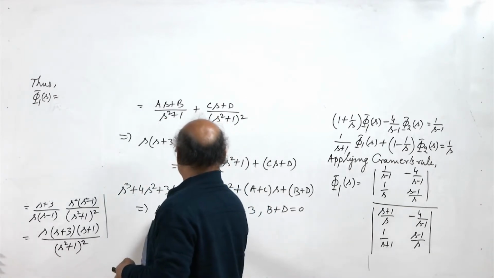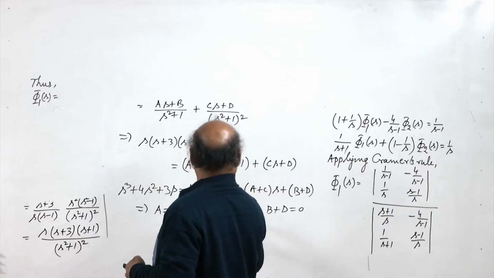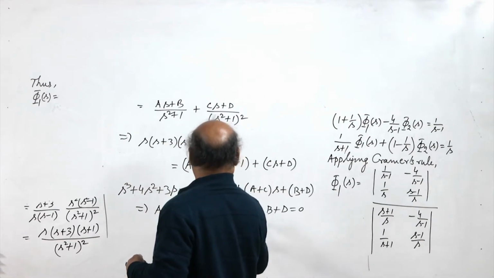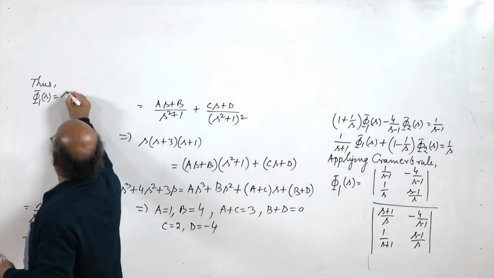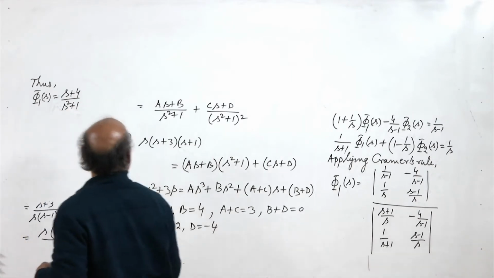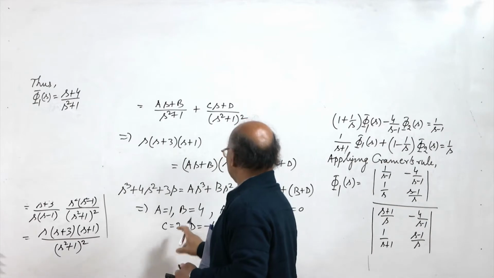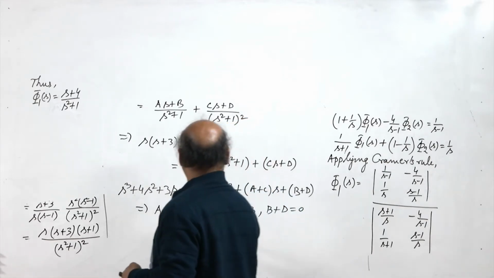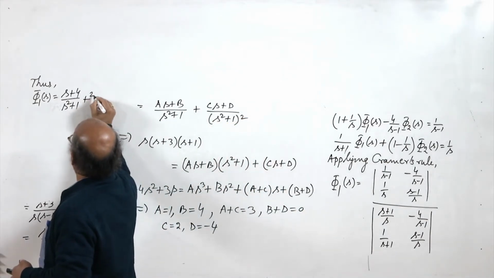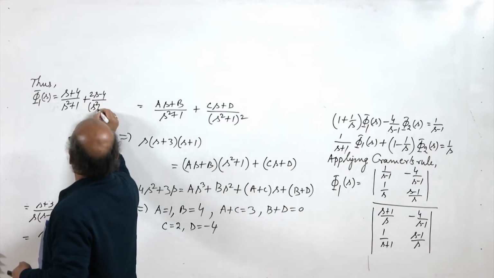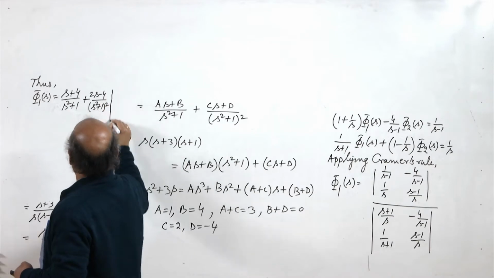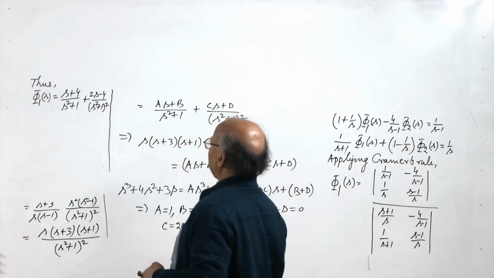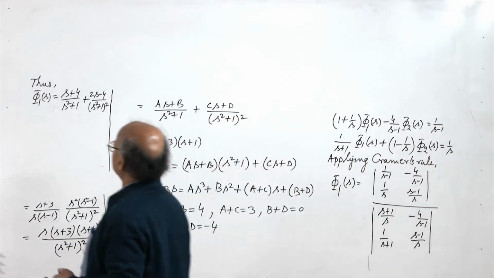A means 1 and b is 4. So s plus 4 divided by s square plus 1. c is equal to 2, so 2s minus 4 divided by s square plus 1 whole square. This is phi 1s. Now let us take inverse Laplace transform of this.